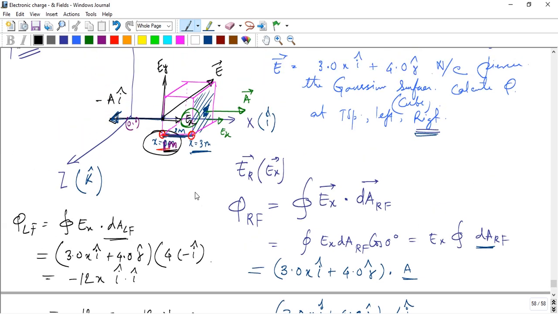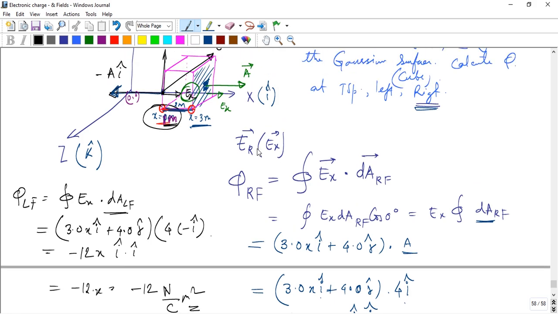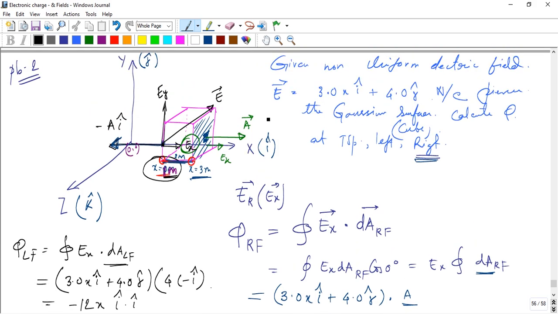Okay, so the last part is the top face. See the top face very carefully. Here the electric field is in the y direction, so the area vector is also in that direction.